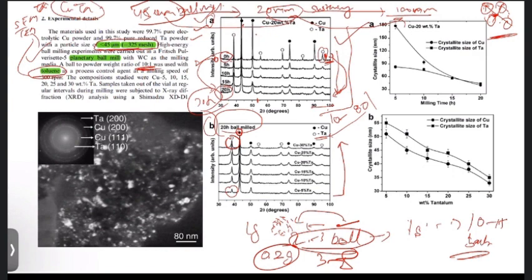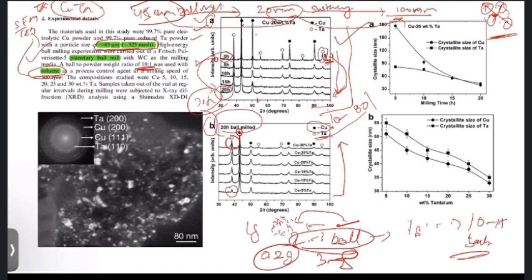No, no, no, you are checking for the tantalum. If you are increasing the tantalum, you will see the black hollow circle belongs to tantalum. If you increase the tantalum, you will see sharp peaks of tantalum. That is what is happening.